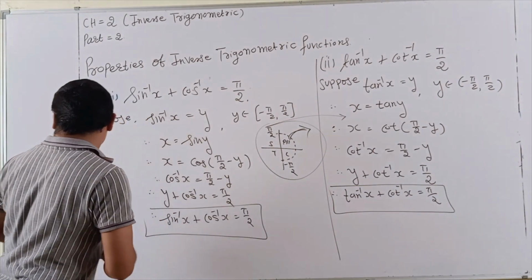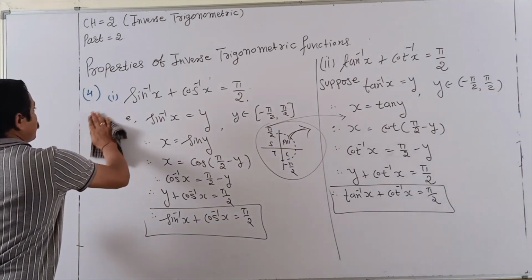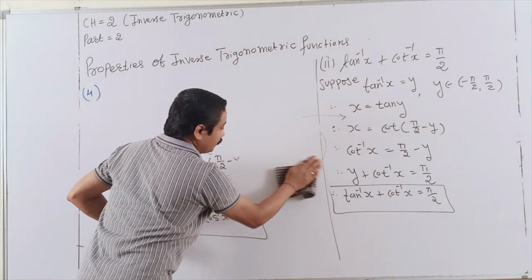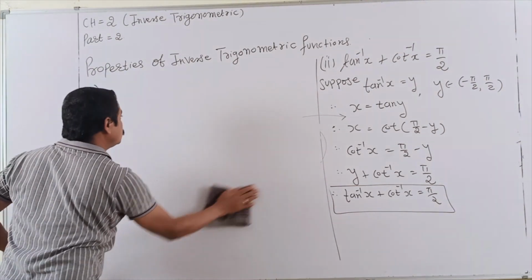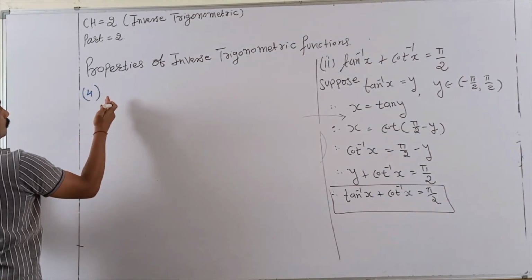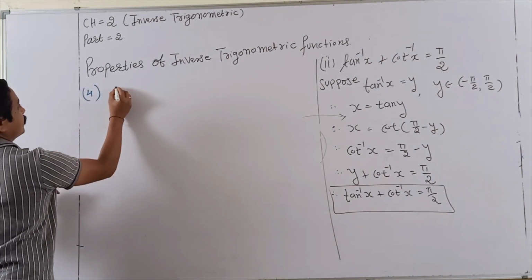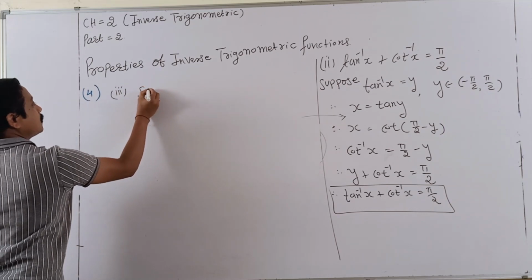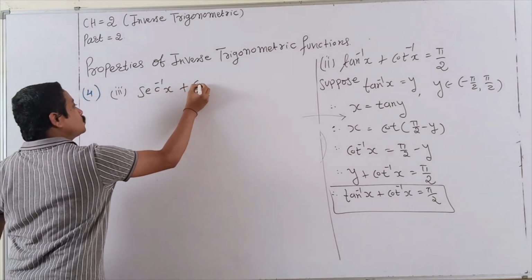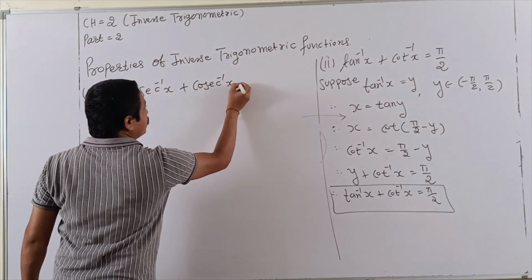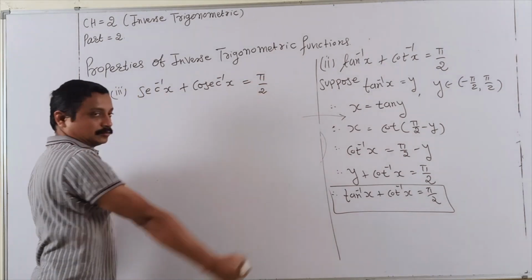Now I go to property 4, the third one. Same, students. Sec inverse x plus cosec inverse x is also pi by 2.